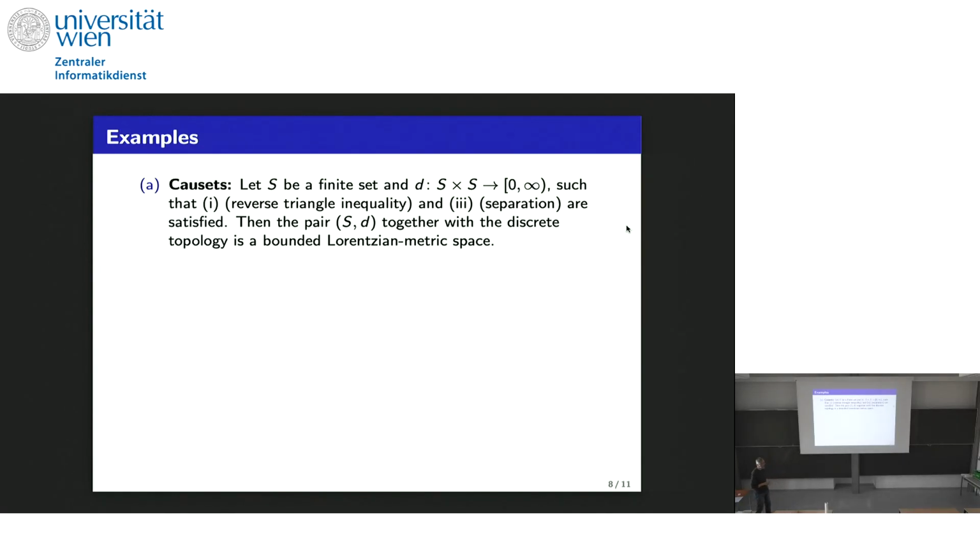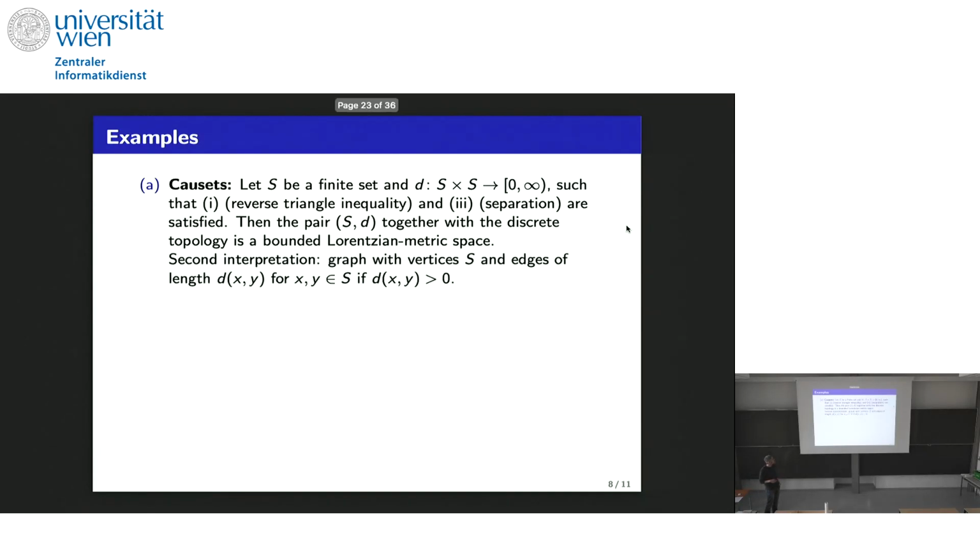You take just a finite set with some non-negative real-valued function on it such that we have the reverse triangle inequality and the separation axiom. You don't need the topology because it follows from it. If you take this pair together with the discrete topology, then this is a bounded Lorentzian metric space.